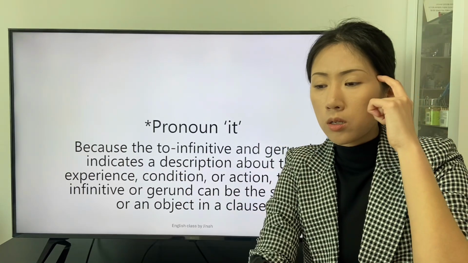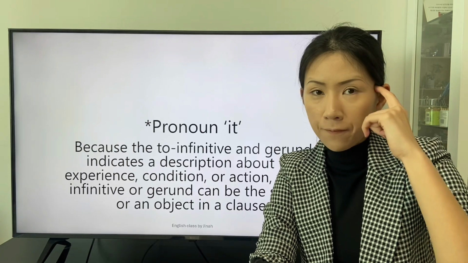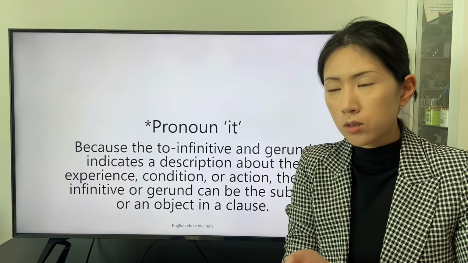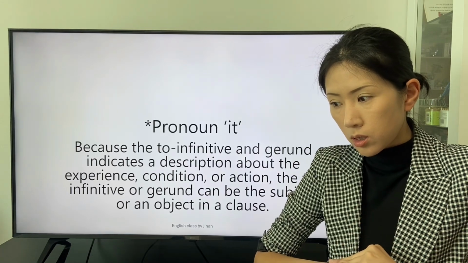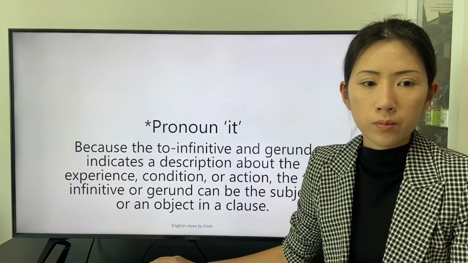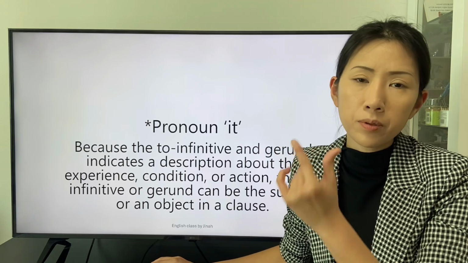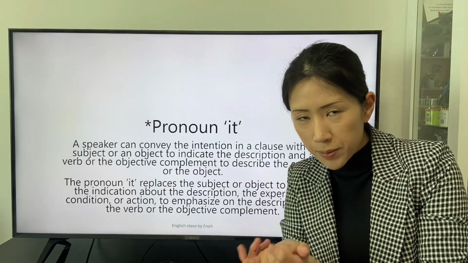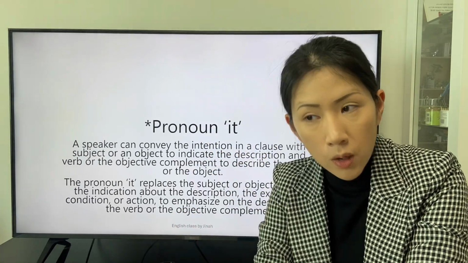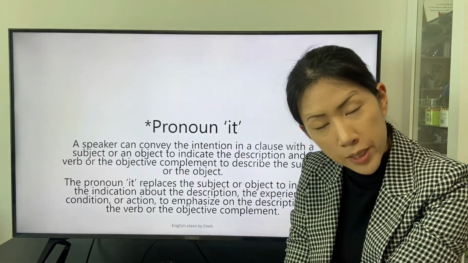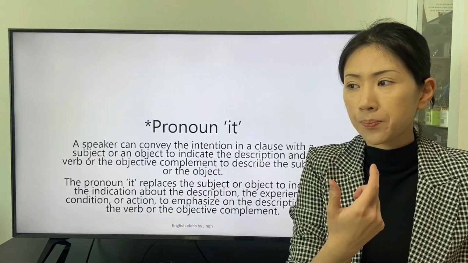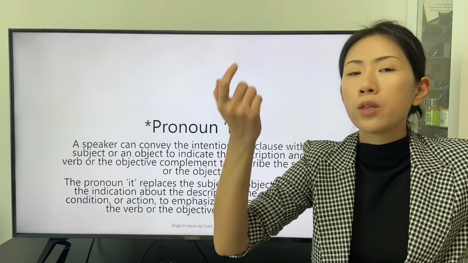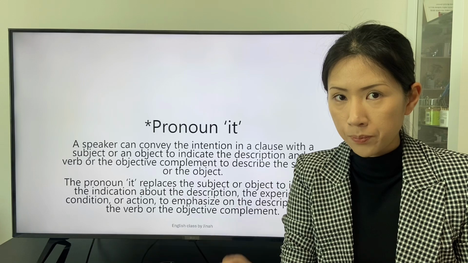So the listeners can confuse that what is the verb or the objective complement. The speaker who wants to emphasize the description by the verb or the objective complement replaces the subject, the object, with the pronoun it.